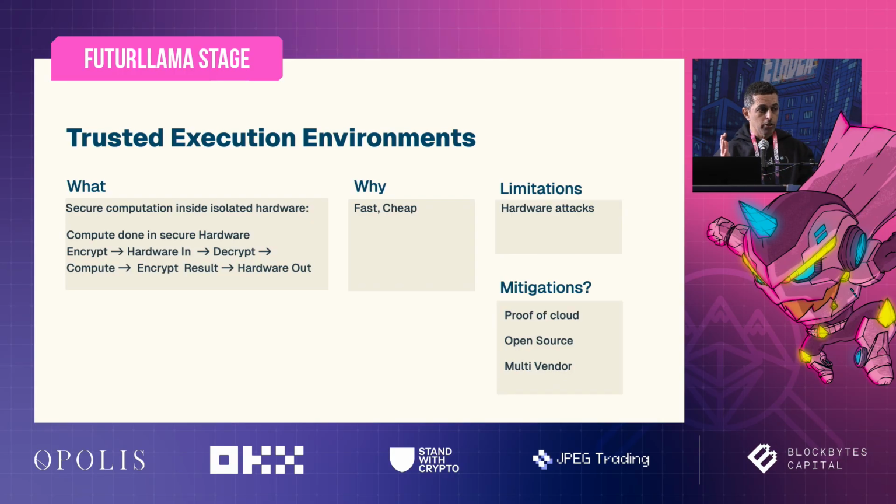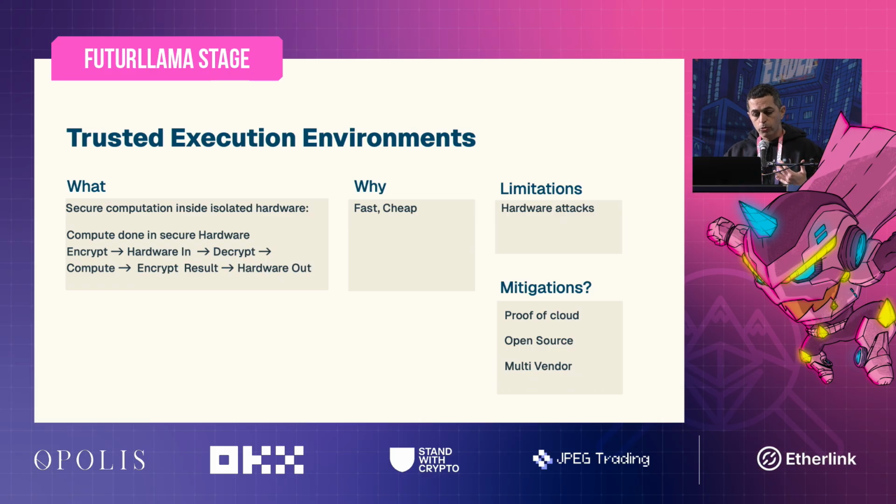So just so you all know, in my previous life, I actually managed the team at Intel that was responsible for building TEEs. I love TEEs. I think they're great. I think they're extremely valuable. And typically when you want to operate with a trusted execution environment, it allows you to compute inside a trusted hardware.